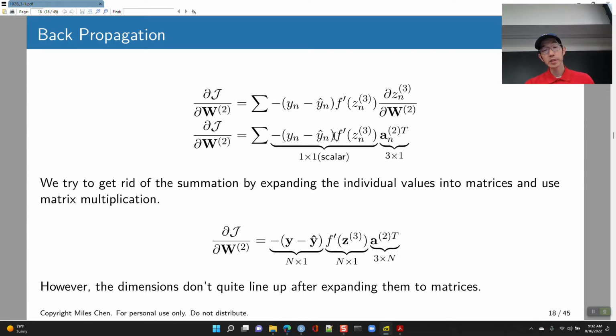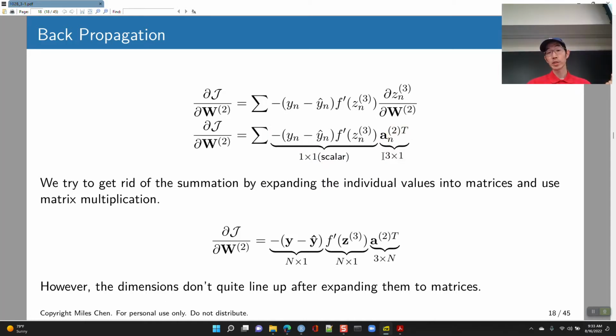If we look at the dimensions, y_n is a scalar, minus y hat_n, also a scalar, and then f prime of z_n3, a scalar, so this whole thing is a 1 by 1 scalar, and I'm multiplying it by A_n transpose.